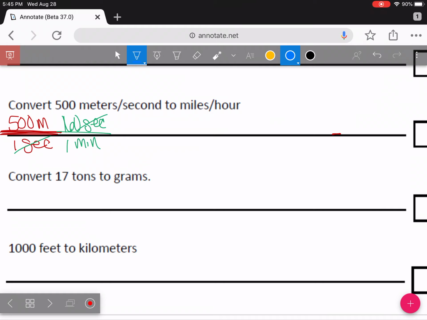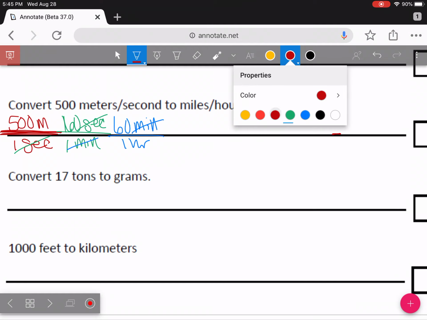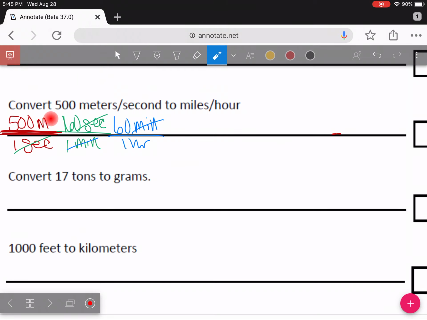Well, we can go to hours. There are 60 minutes in 1 hour. Minutes are going to cancel out. Now if you look, we're at meters, because there's nothing else on top, per hour. Meters per hour. That's what we're at right now, okay?